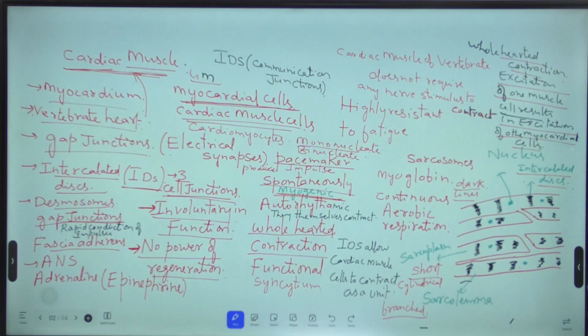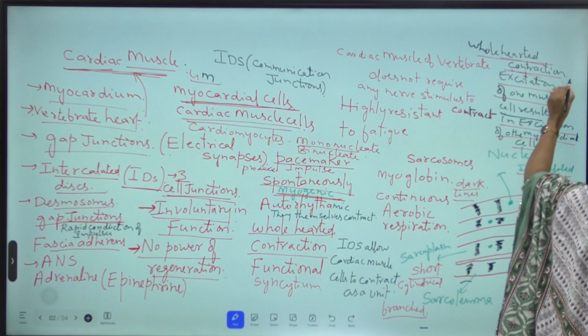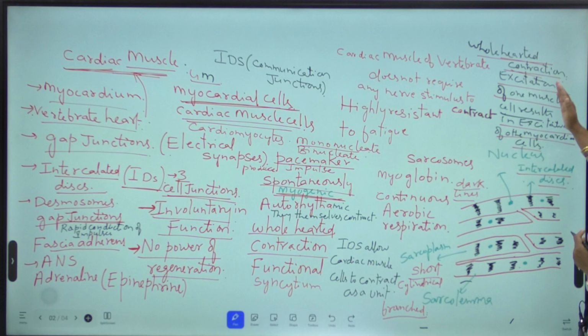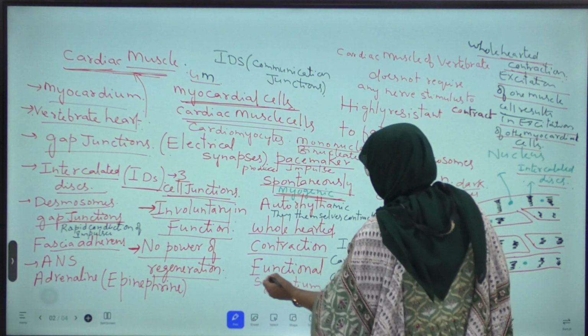If one myocardial cell is excited, this excitation spreads to all the myocardial cells. Hence cardiac muscle shows wholehearted contraction, and it is also described as a functional syncytium.